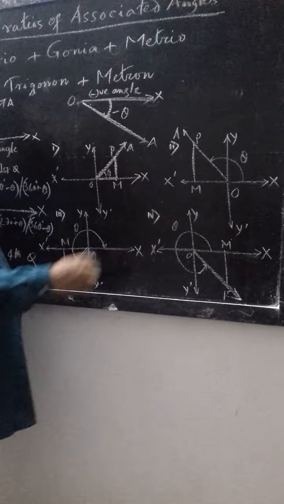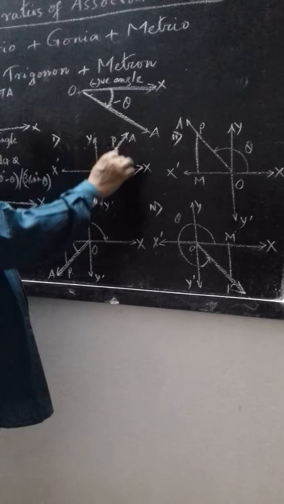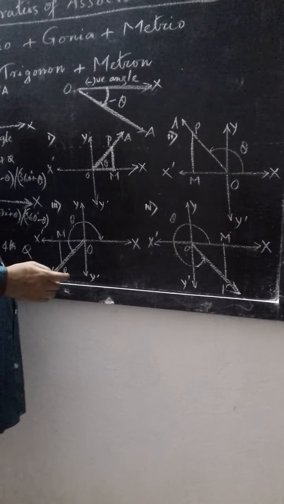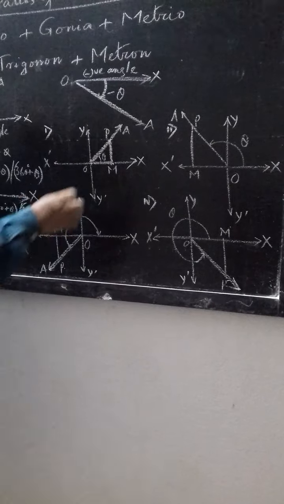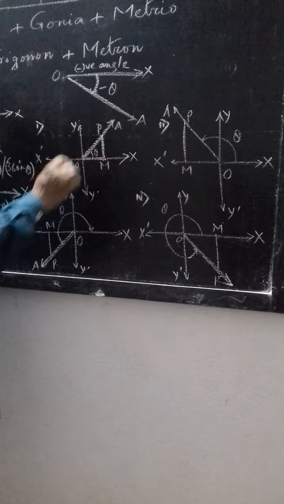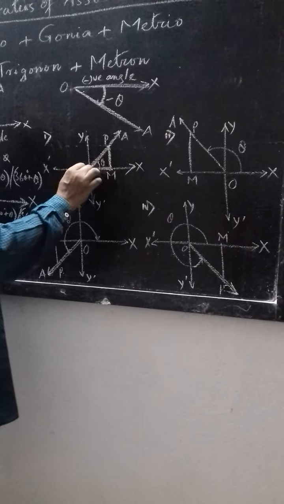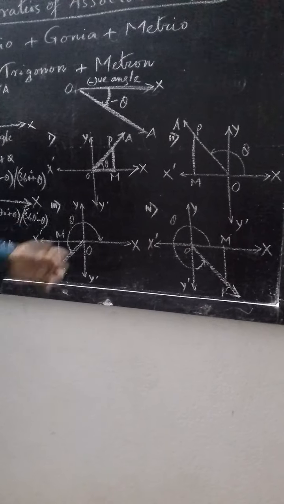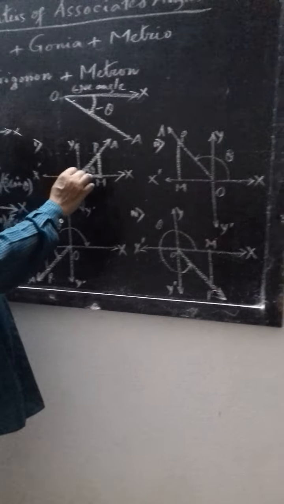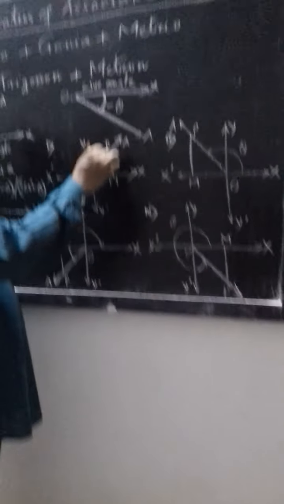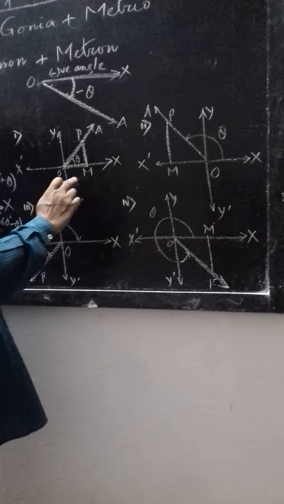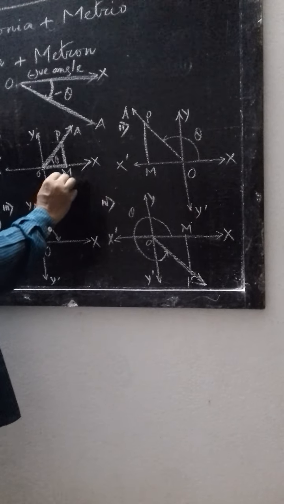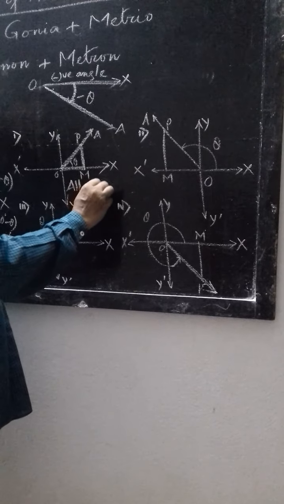OM by MP, that is cot theta. MP by OM, that is tan theta. OM by OP, that is cos theta, and OP by OM, that is sec theta. Always positive. Here OM positive, MP positive, OP positive. So all trigonometric ratios are positive.